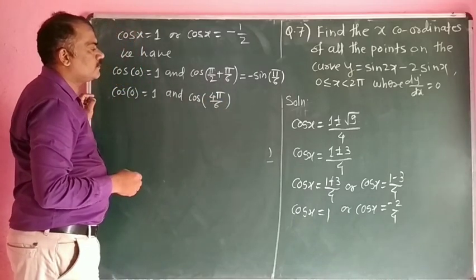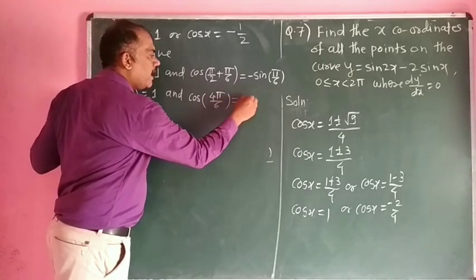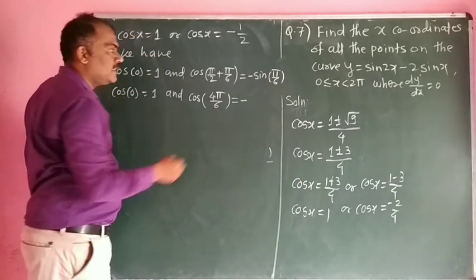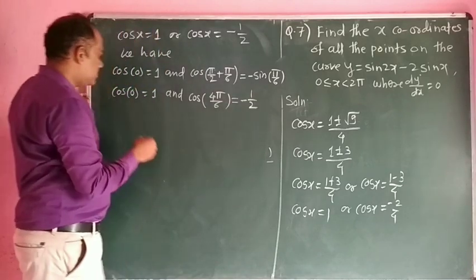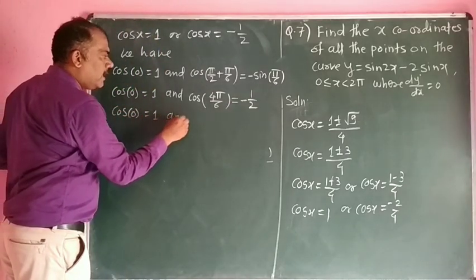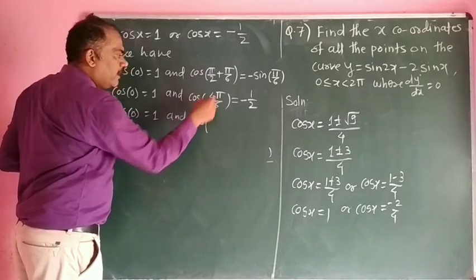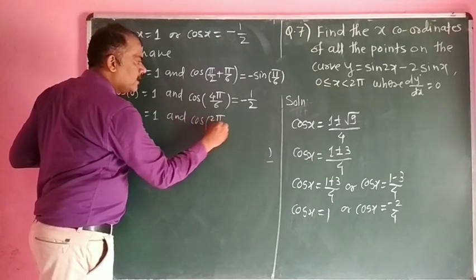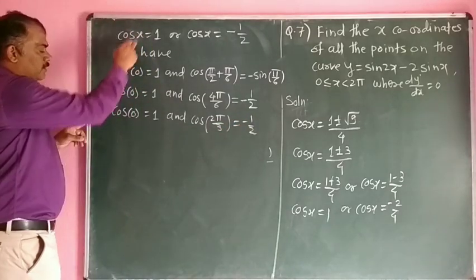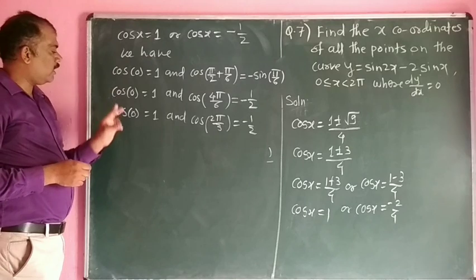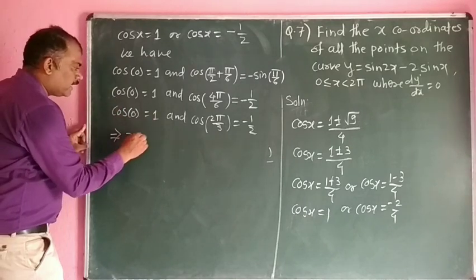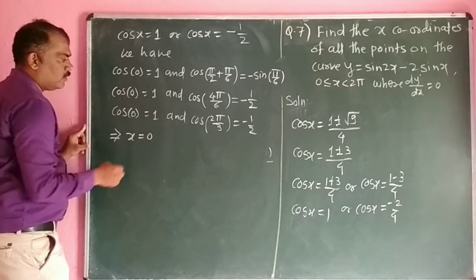Correct? It is equal to minus sine 30. Sine 30 is nothing but 1/2. That is, cos of 0 is equal to 1 and cos of 2 pi by 3 is equal to minus 1 by 2. If I compare these two, cos x is equal to 1, cos 0 is equal to 1. This implies that x is equal to 0.